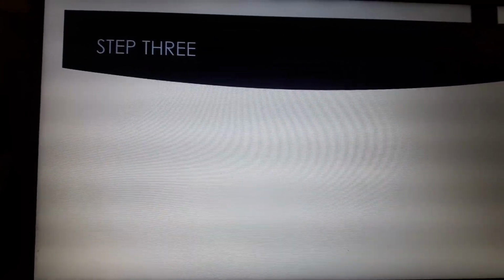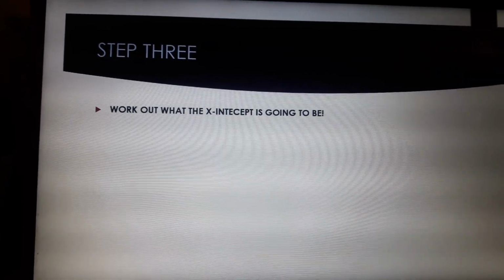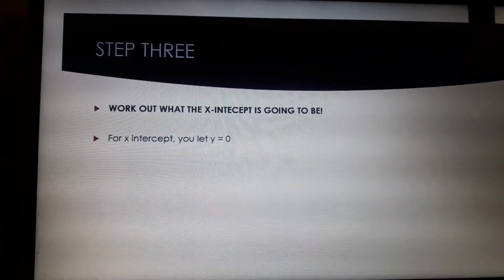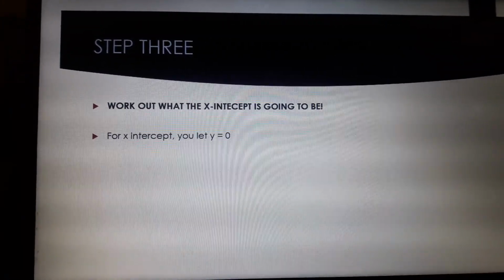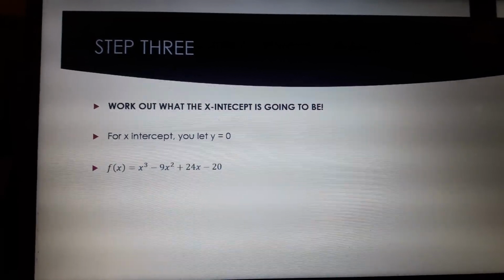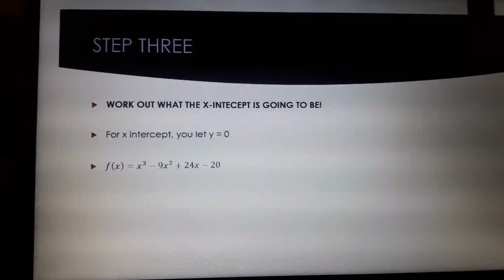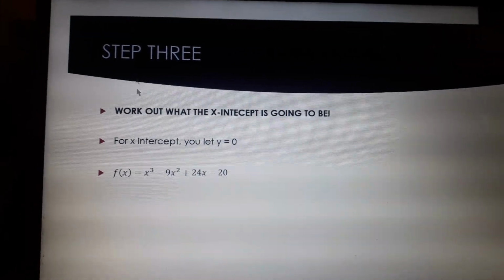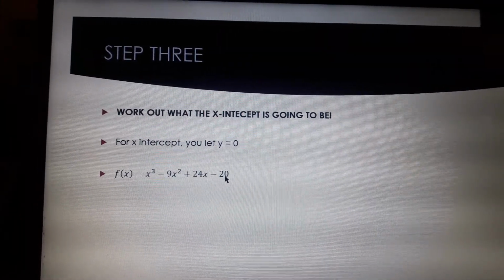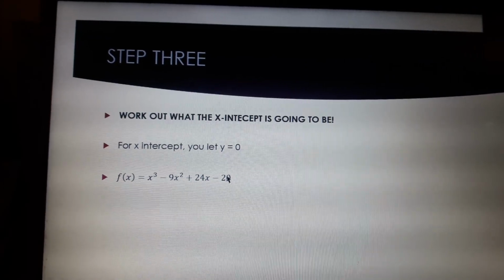Then step 3, we work out the x-intercept. When we're working out our x-intercept, we let y equal 0. This is the original equation. What we want is to look at the factors of 20.